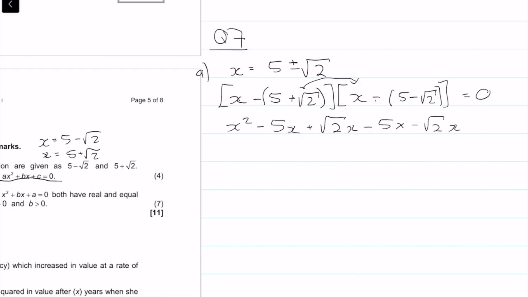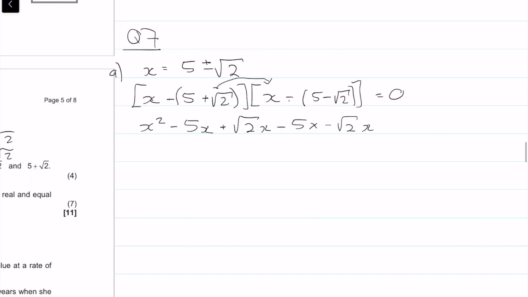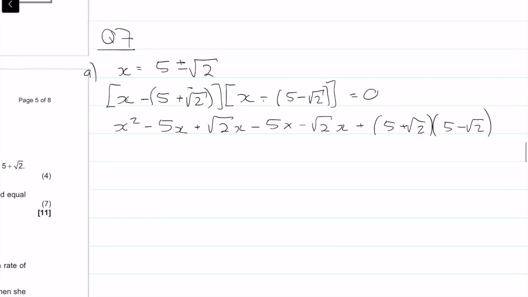Then I'm going to multiply the last two brackets by each other. So it's a minus times minus, which is a plus, and that's just going to be 5 plus the square root of 2, 5 minus the square root of 2. So that's what we're left with, and that's equal to 0.